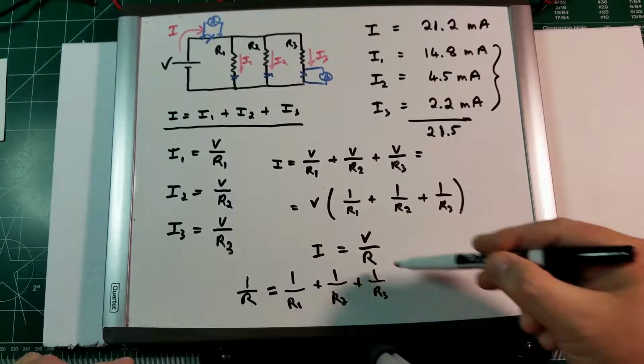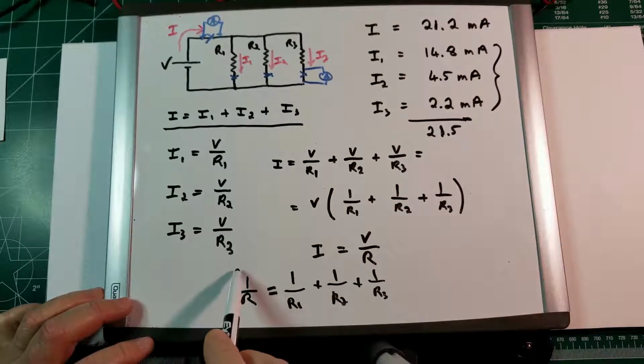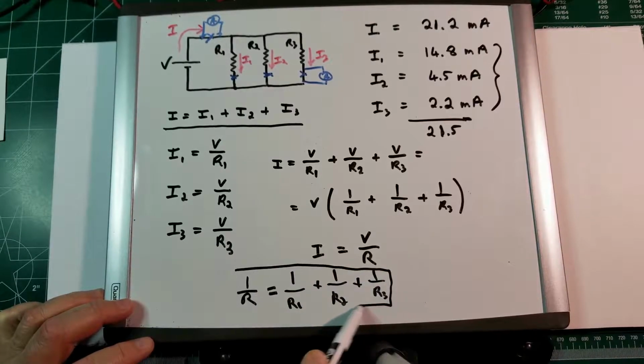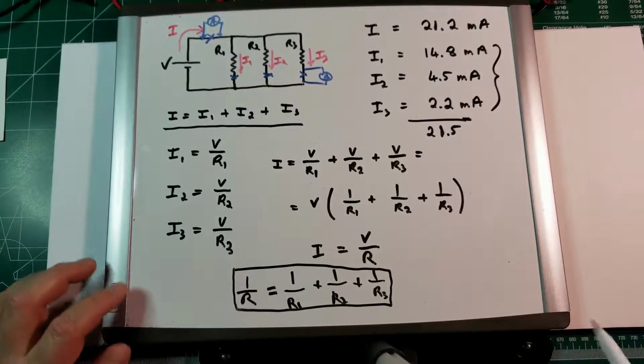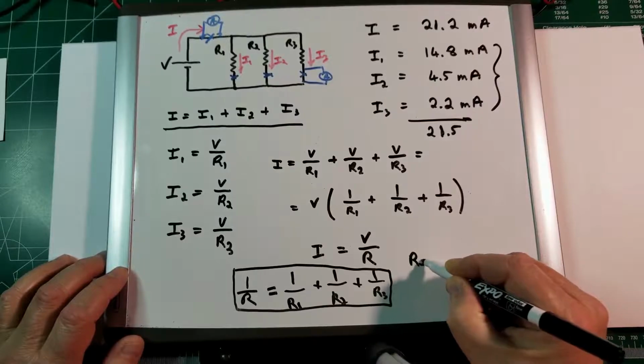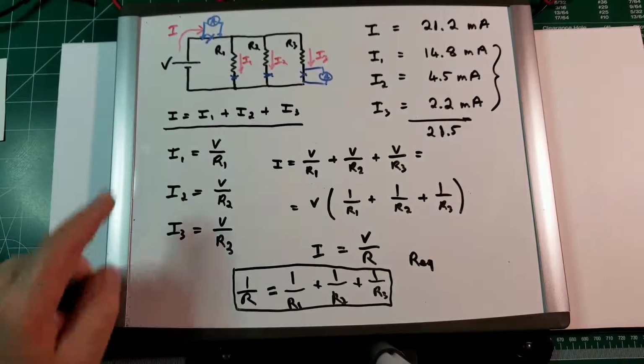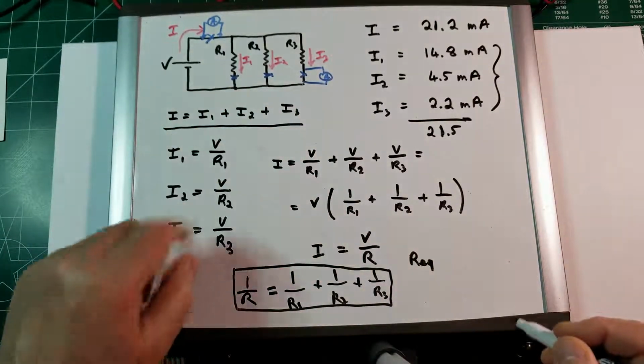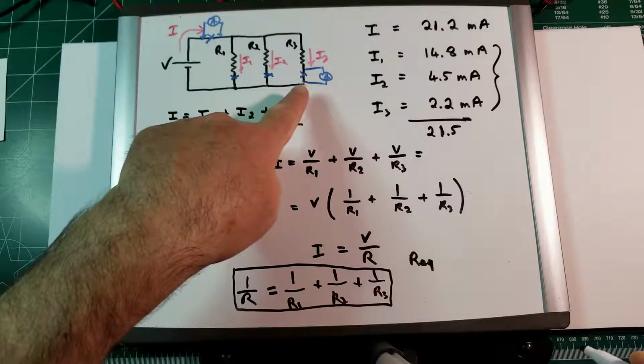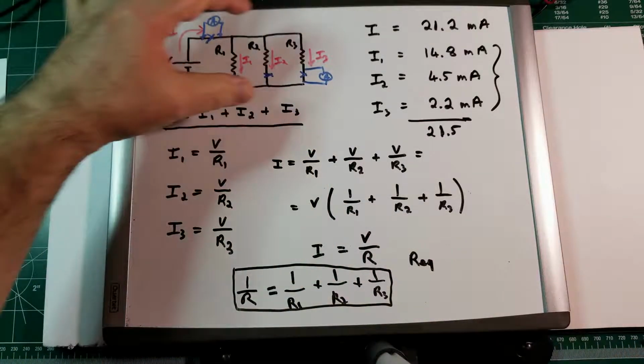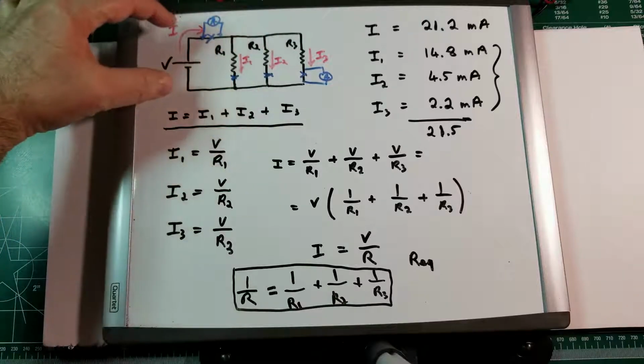So this equation is the one that identifies the equivalent resistor for parallel circuits. These are parallel circuits. This is a parallel of resistors because they all receive the same voltage.